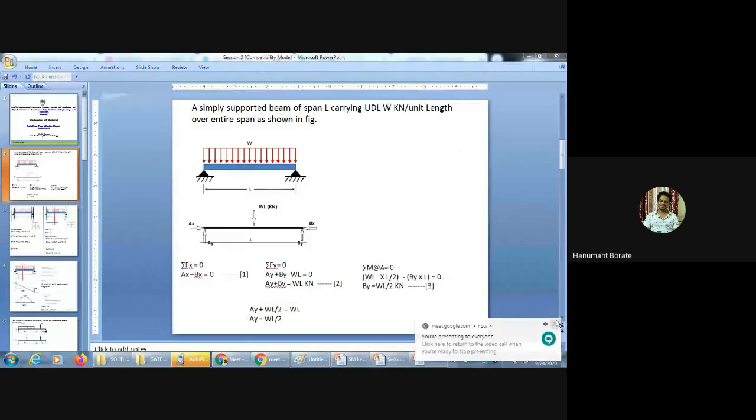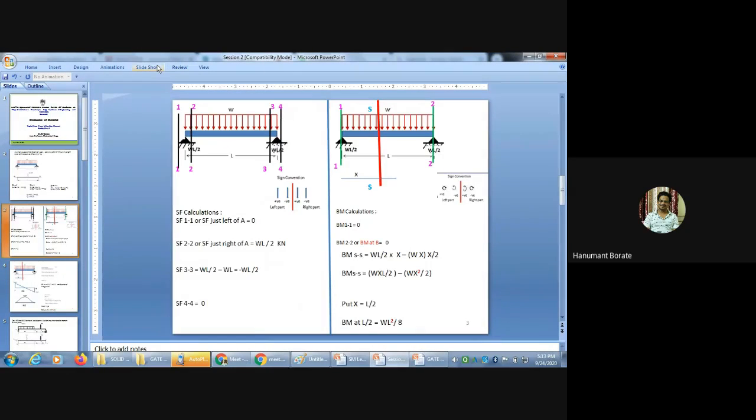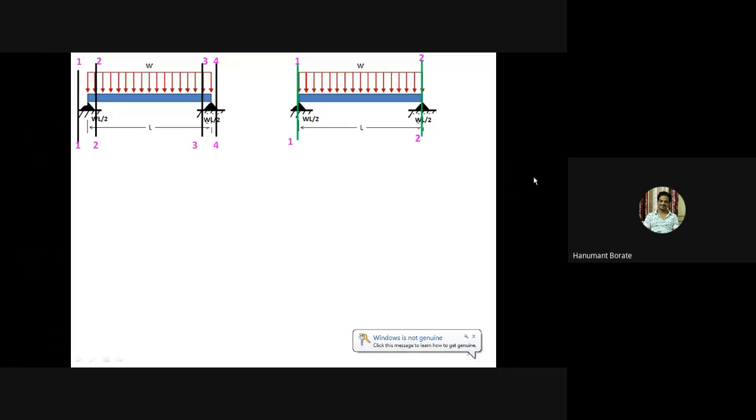Now we'll see how to calculate SF and bending moment. So in the left part, I will solve for the SF calculation, and the right part for the bending moment calculation. So as per the critical points rule, for SF we need to take a section at all point loads, means just left of a point load and just right of a point load.